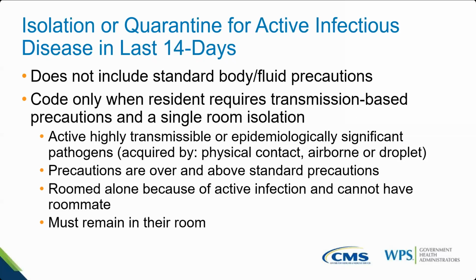So as a provider, you would code for single room isolation only when all of the following criteria are met. Those are listed here on this slide, but we're going to go over them as well. The resident has an active infection, highly transmittable, or epidemiologically significant pathogens that have been acquired by physical contact, airborne, or droplet transmission.